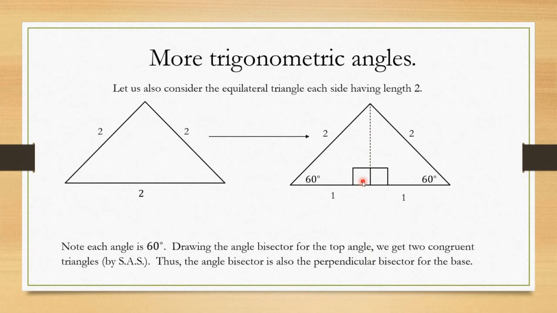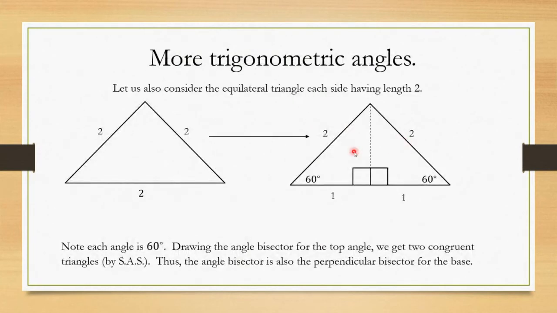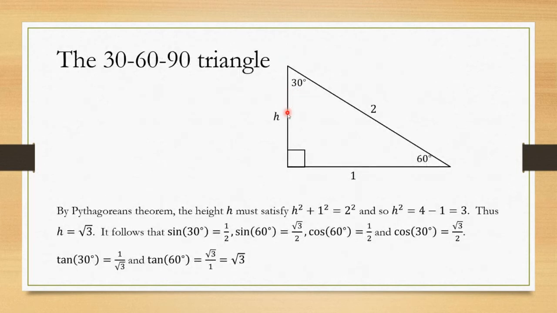But basically from there, you get what's called a 30, 60, 90 triangle. So this is basically half of this equilateral triangle. The height is this dashed line, and I'm calling that h here, as you can see.